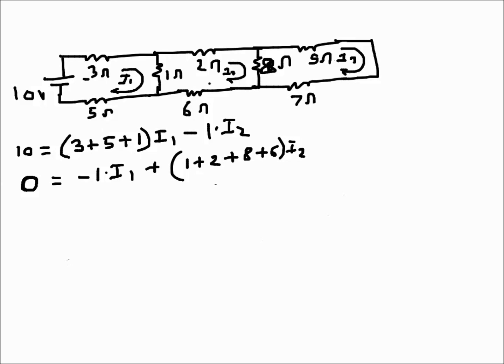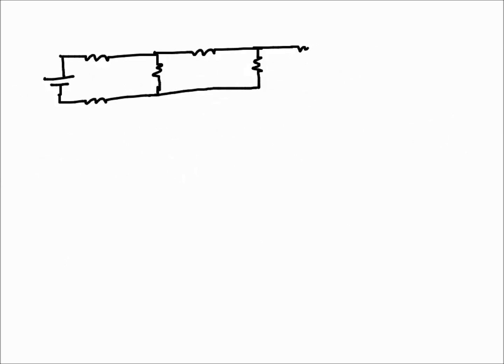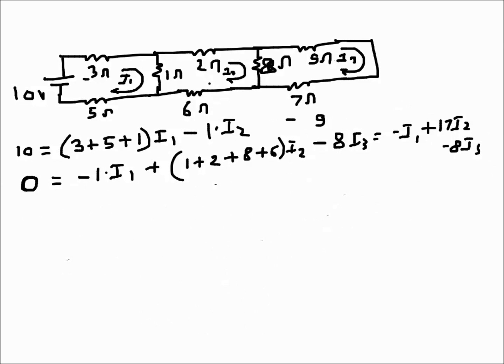Then the common resistance between I2 and I3 is 8, so I3 will come like that. So it becomes minus I1 plus 17 I2 minus 8 I3, and the first equation becomes 9 I1 minus I2.